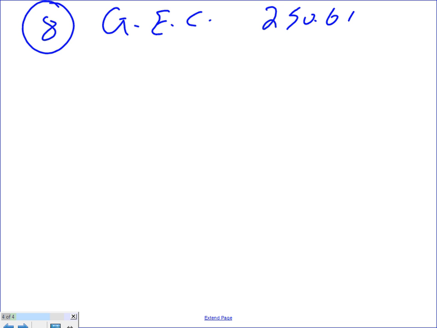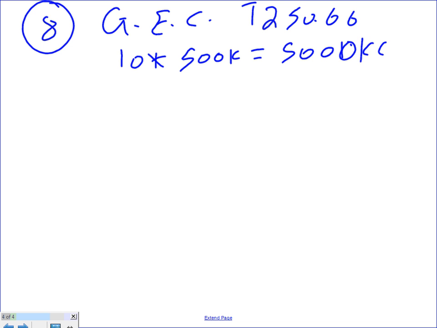Number 8. Number 8, my friends, grounding electrode conductor. 250.66, no problem, Chad. We do the same calculation, guys. We end up with 10 times 500 kcmil equals 5000 kcmil.